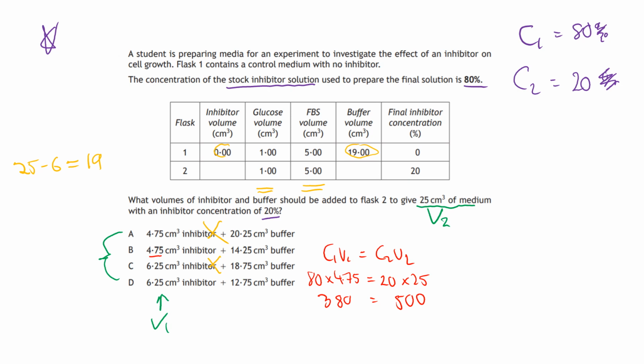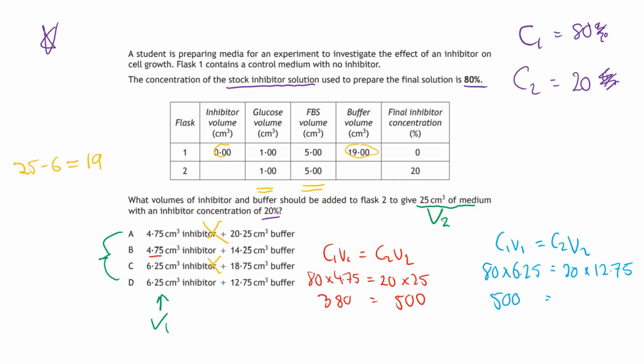So this means that hopefully, whenever we do option D, C1V1 equals C2V2, 80 multiplied by 6.25 is 500.